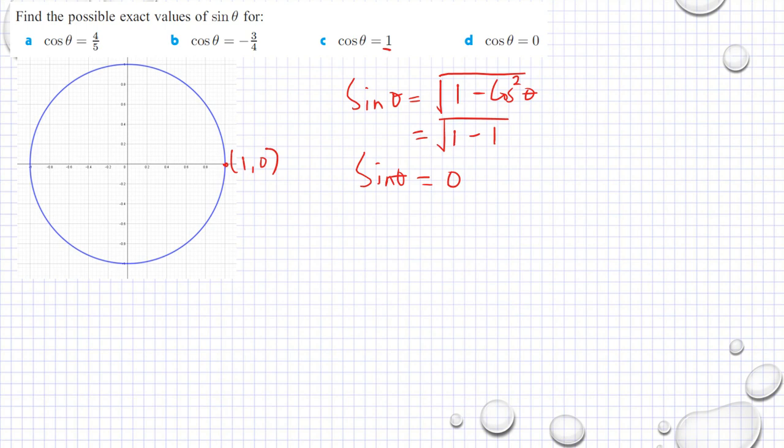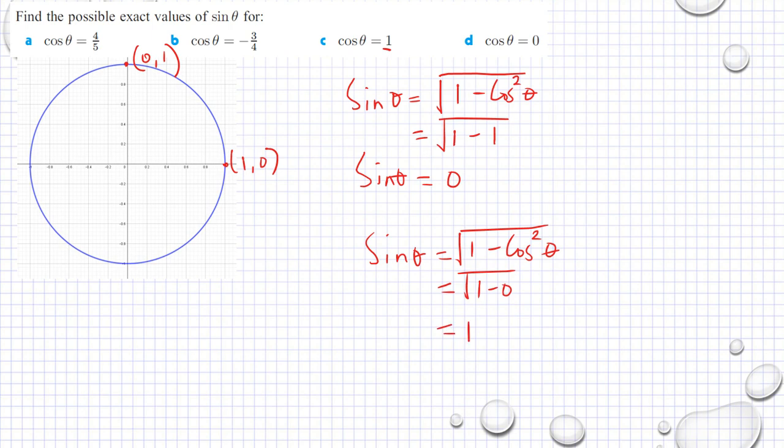Okay, the next one. Here, cosine theta, we can use this one already. Cosine theta is 0, that means 0, 1. We can prove that also. Sine theta is equal to the square root of 1 minus cosine squared theta. We have square root of 1 minus 0, and that is 1.